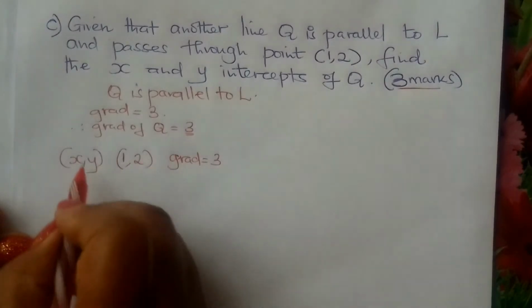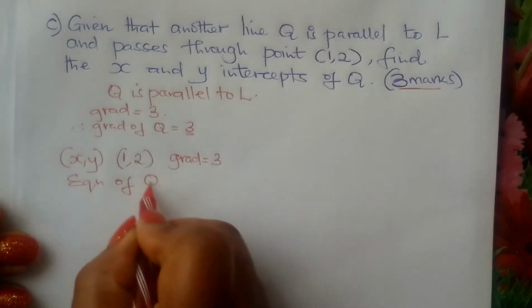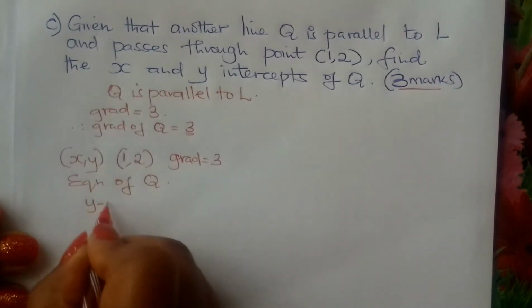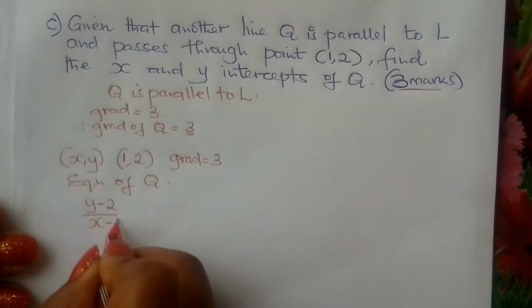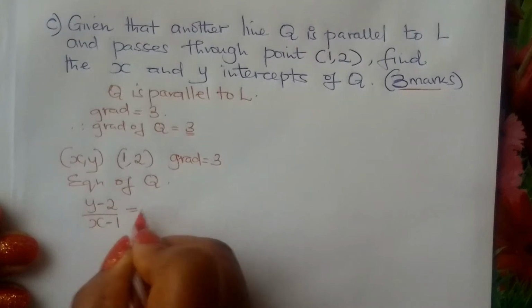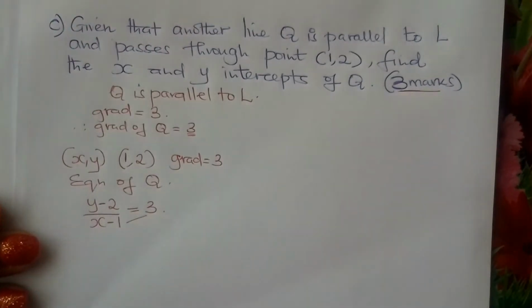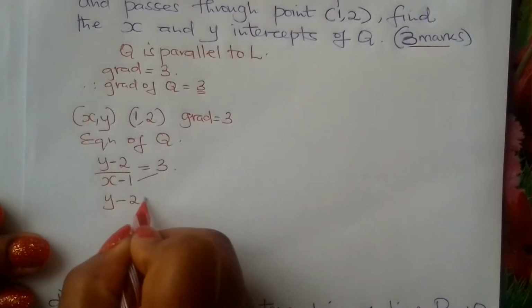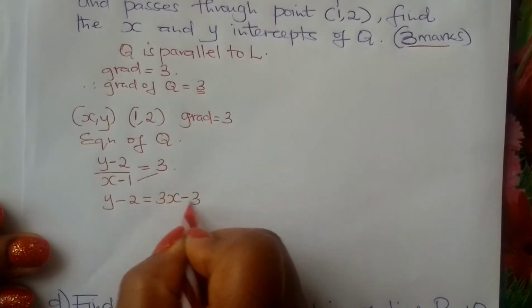So from here, equation of line Q learner is change in y over change in x, like that, is equals to 3. Cross multiply. Cross multiplying learner, we get y minus 2 is equals to what? 3x minus 3.